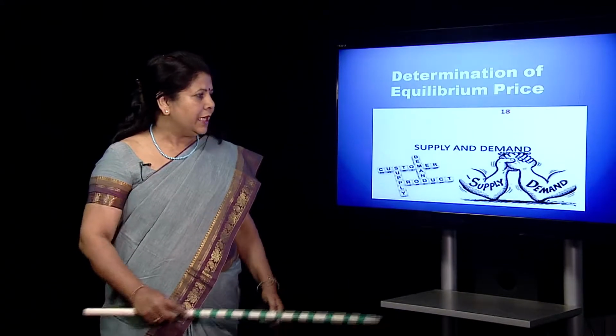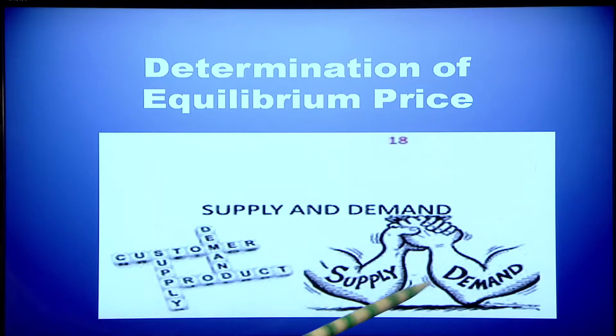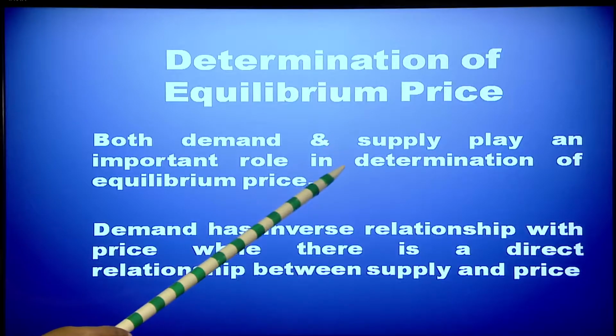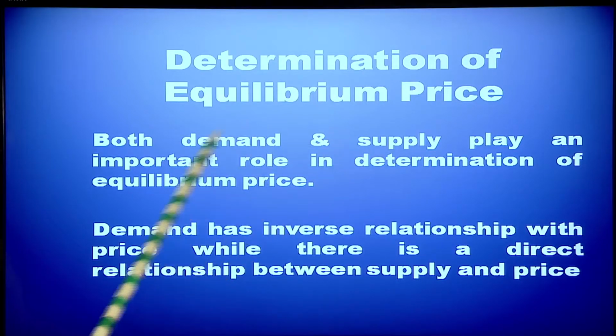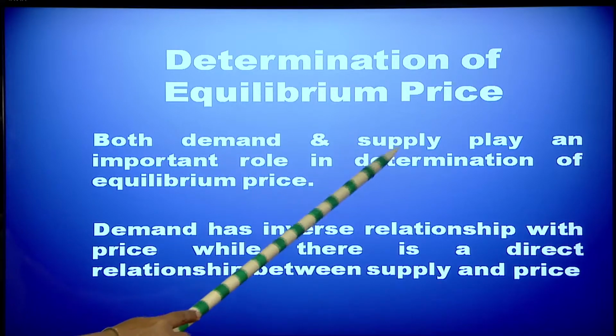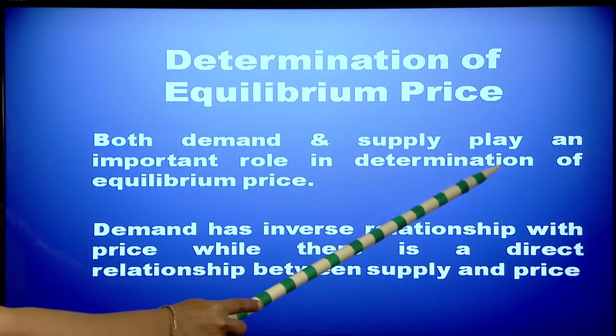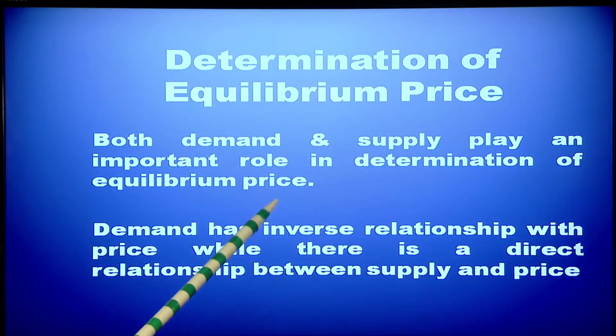price in the market. It's like a tug of war or a contest between the supply and the demand forces, the demand being executed by the consumers and the supply being executed by the producers of different products. It needs to be repeated over and over again that both demand and supply play an important role in determination of equilibrium price.